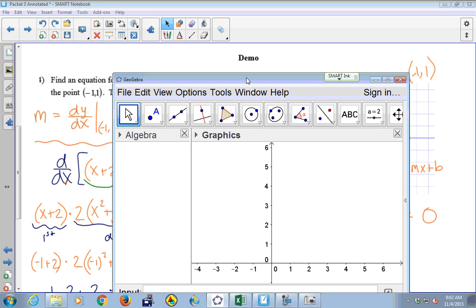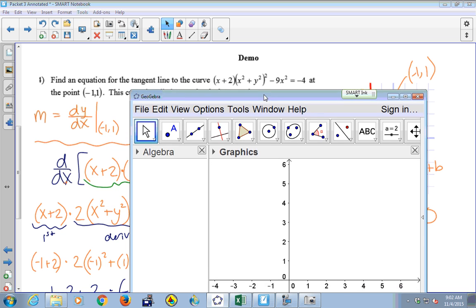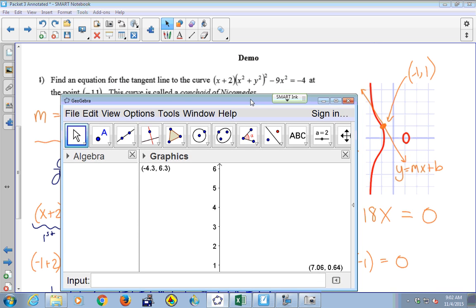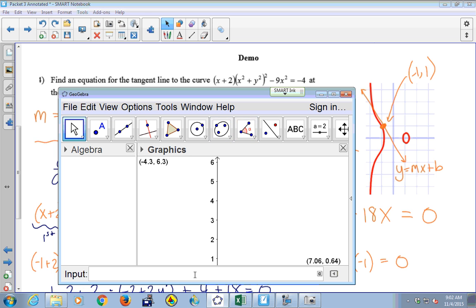-7/4 x minus 3/4. Yeah. Okay. x plus 2 times x squared plus y squared, squared, minus 9x squared equals -4.